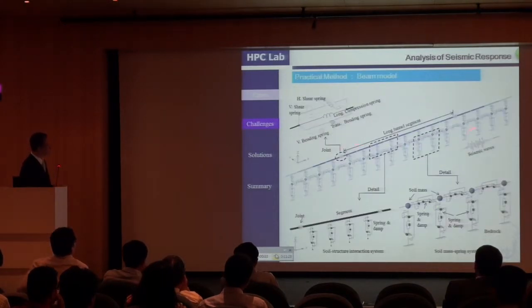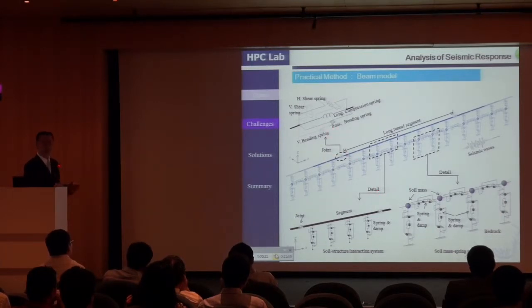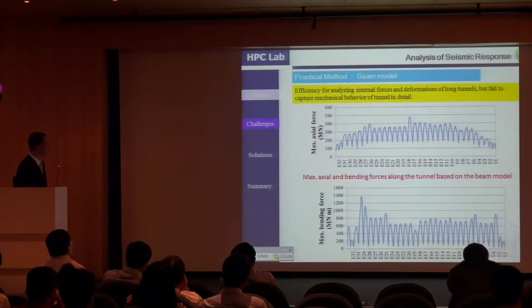And also we could use a simplified beam model to model the seismic behavior. We could also model partially the soil, and also model partially the joints. But it's also a global behavior, not specific to typical points.